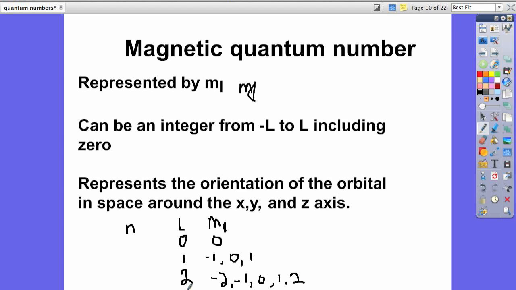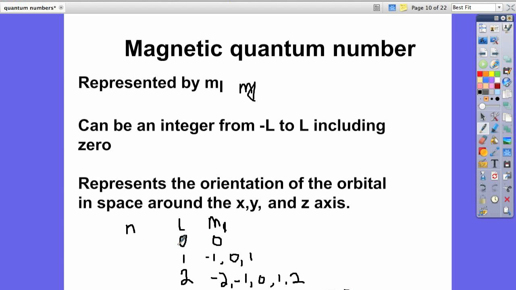And finally, if our shape was an f, it has a 3 assigned to it. So our m sub l would be negative 3, negative 2, negative 1. We have to include the 0, 1, 2, and 3. What do all these numbers mean?